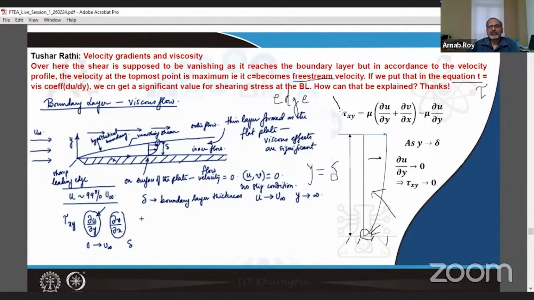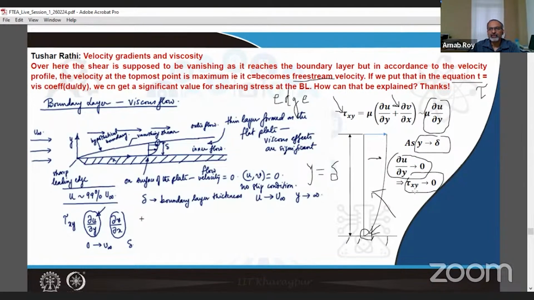When it comes to the shear stress, for a flow like this, we can show very easily that it's primarily dominated by del u del y. Del v del x is way smaller than del u del y, and for all practical purposes, for a flat plate kind of flow, we might neglect it. Now, what happens to del u del y as we approach y close to delta? We'll find that the velocity gradient tends to 0. And therefore, the tau xy will also tend to 0.